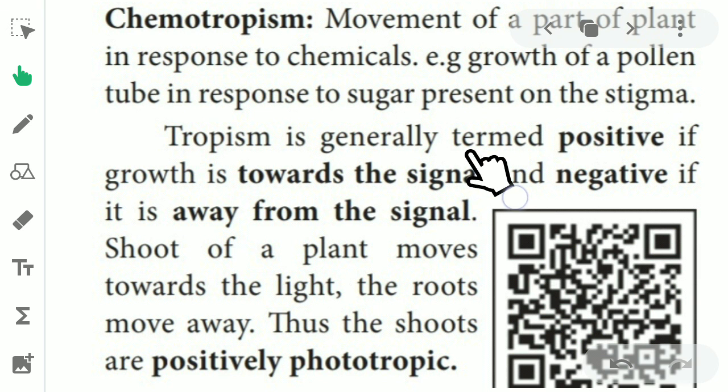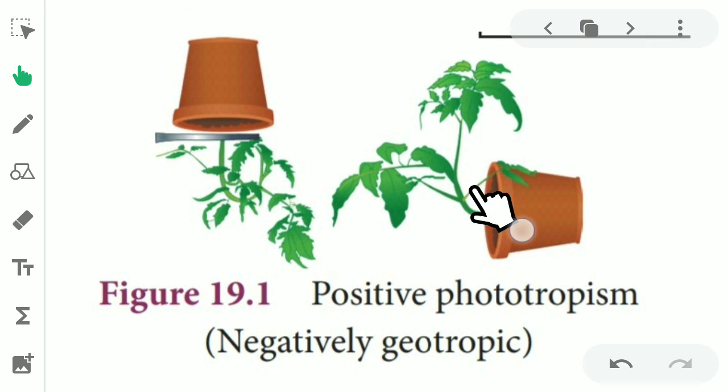Trophism is generally termed positive when growth is towards the signal, and negative when growth is away from the signal. The shoot of a plant moves towards the light while the root moves away. That is, shoots are positively phototrophic. See the plant: the shoot system is growing towards the light, so it is called positive phototrophism.